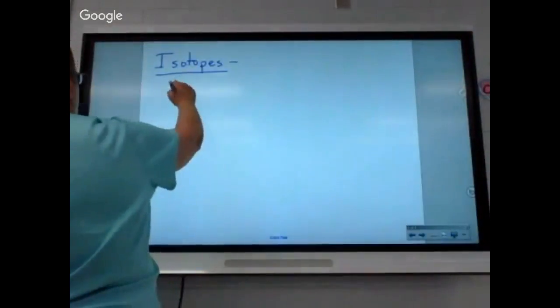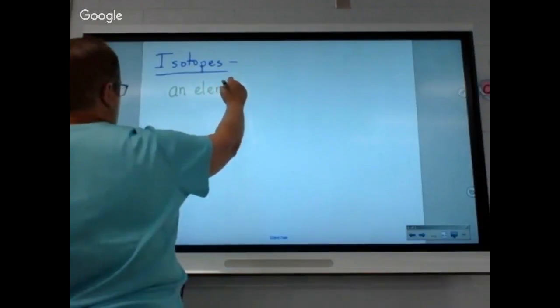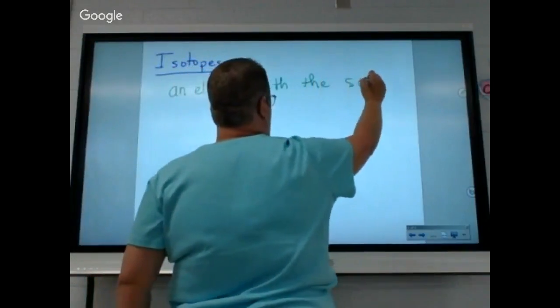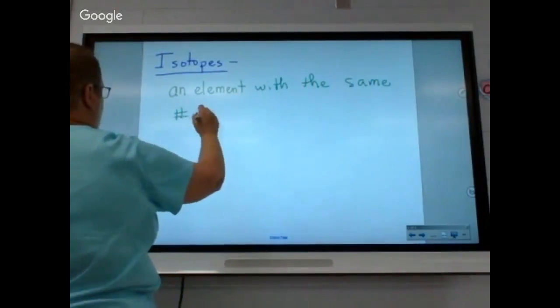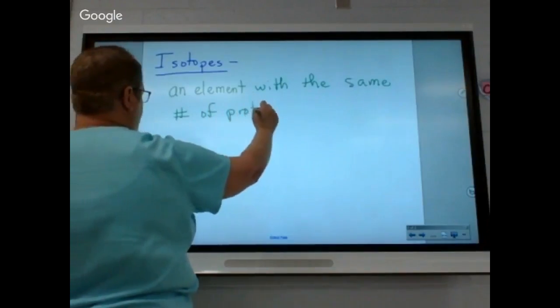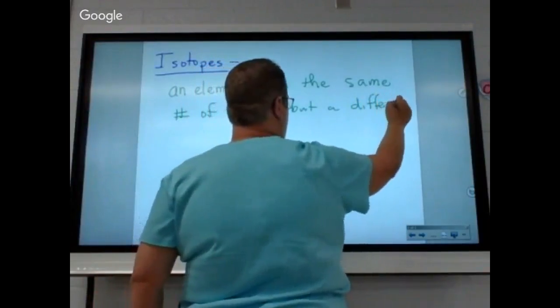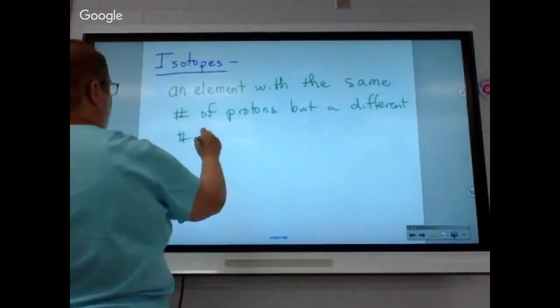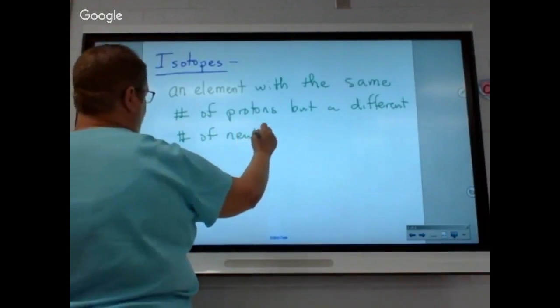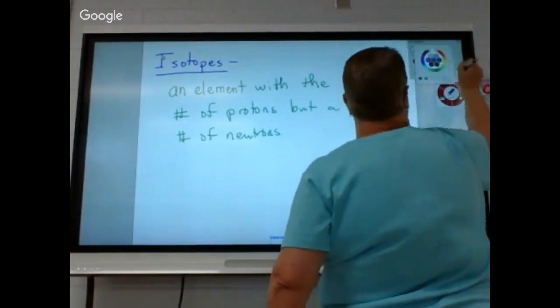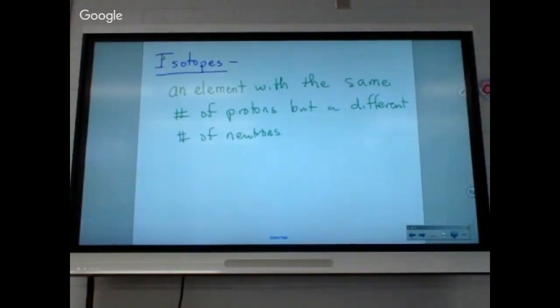An isotope is an element with the same number of protons, but a different number of neutrons. Okay? Now, some books don't use that same definition. They use two more technical words based on what we've done the last couple days.